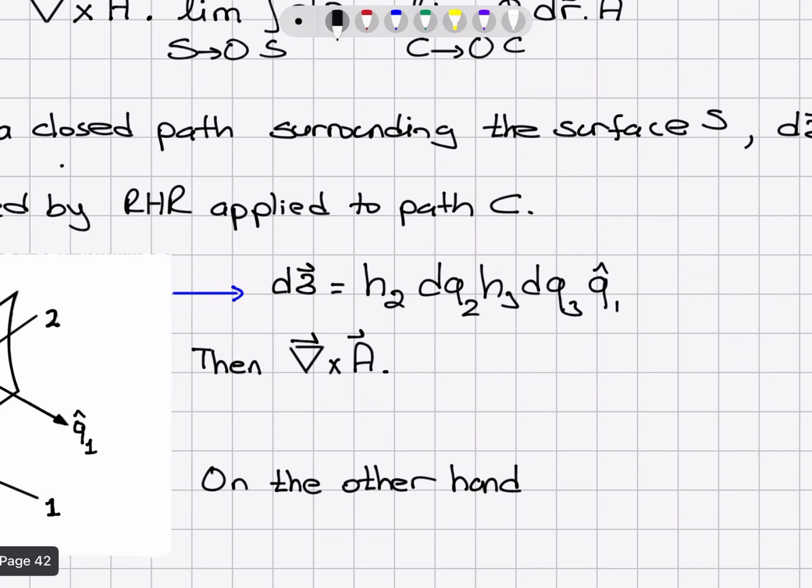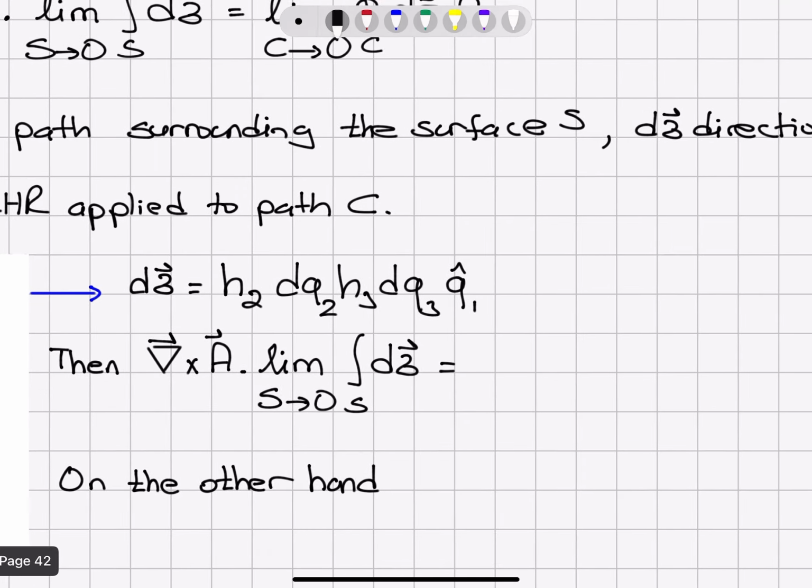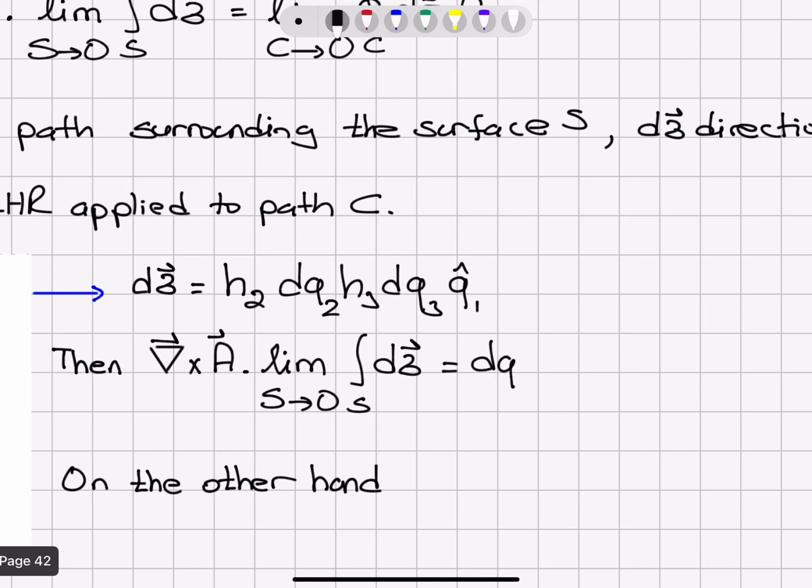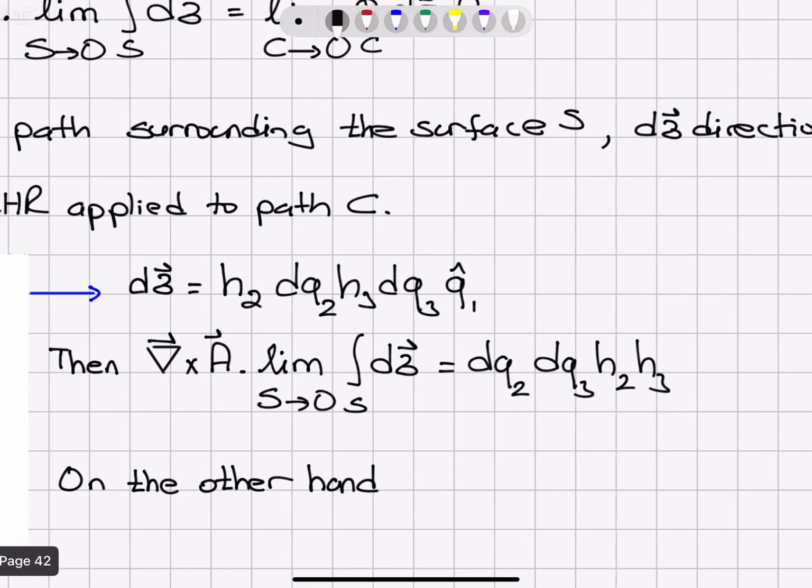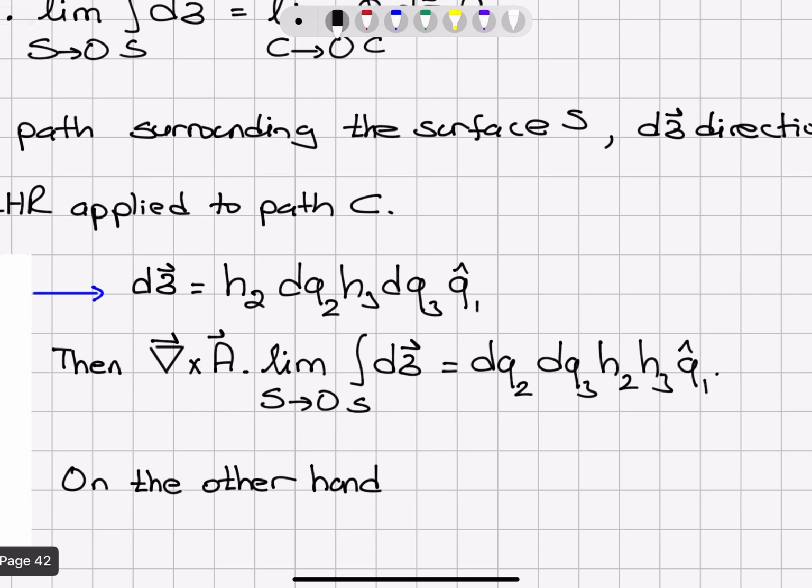Then if I take the curl of A dot product with the limit as S goes to 0, the surface integral d sigma, this will be dQ2 dQ3 H2 H3 Q1 hat, which is my d sigma vector, dot product with curl of A. So I'm taking the component of curl of A on the Q1 axis.